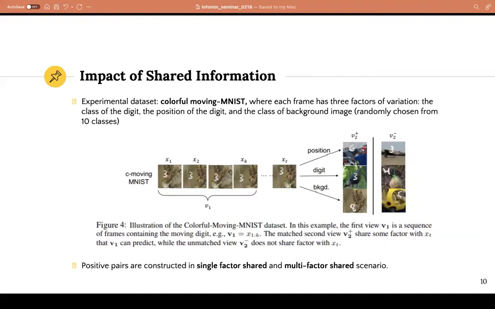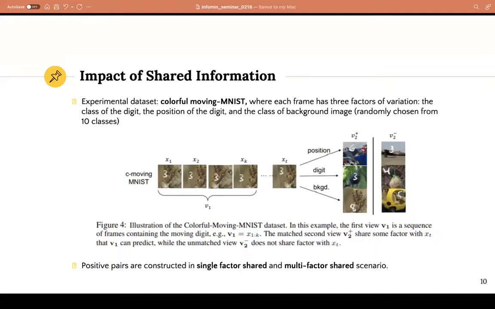In this example, the first view V1 is taken from the first k frames of a video, and that's the targeted sample. And you have x_t, where t is greater than k. That's another frame from this video.